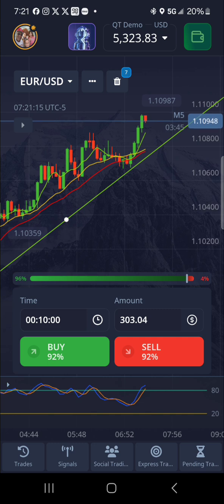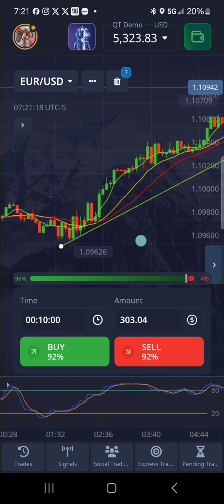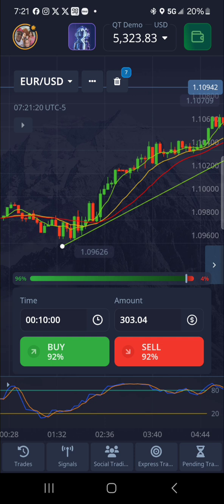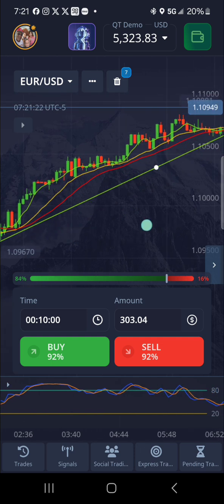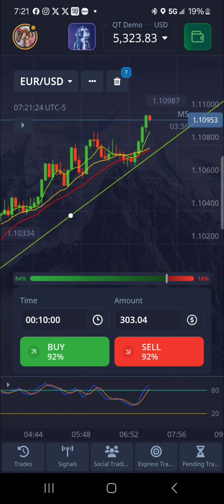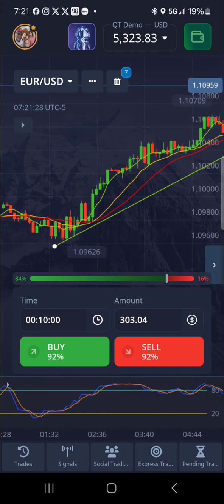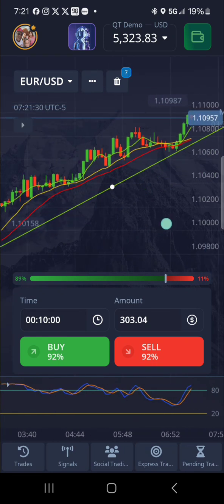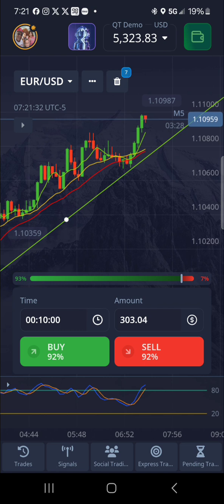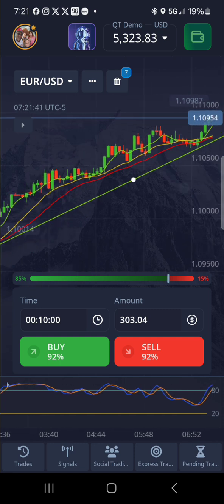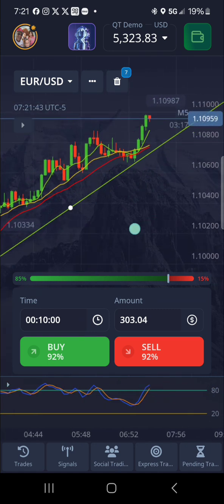From the beginning of this line to the end of this line, there are many, many 5-minute candles. That's at least 5 hours worth of 5-minute candles that have stayed above it. So that's strong support, right? You can see that floor.